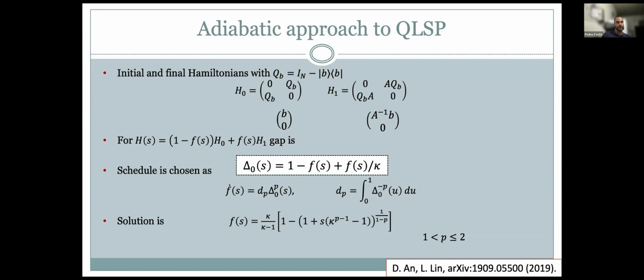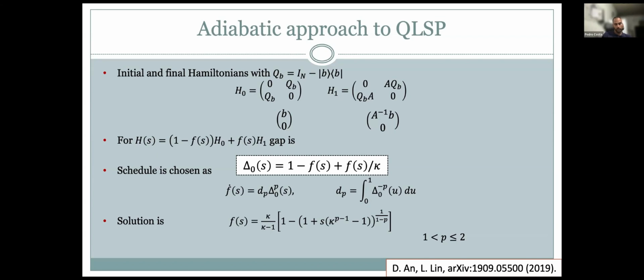derive the gaps of your time-dependent Hamiltonian in terms of the schedule function that you introduce artificially, and the condition number of the matrix, which appears when you do the analysis of the gap of these constructed, interpolated Hamiltonians. There are several choices for how to choose the schedule.